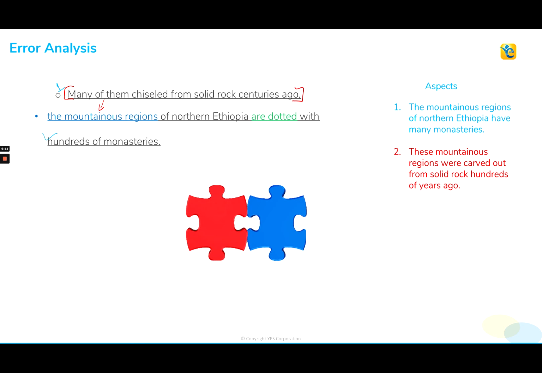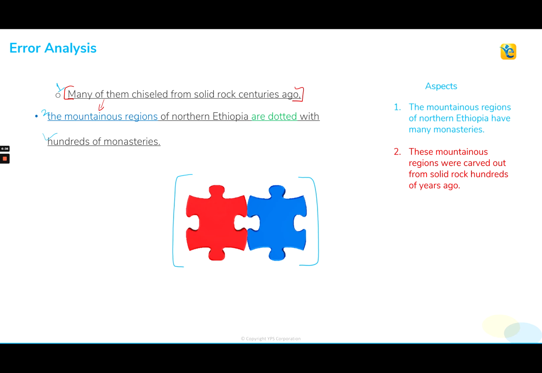This is my first entity over here and this is my second entity over here, and the way they are placed, this is the picture that I get, and it's absolutely clear that these two puzzle pieces have not been placed properly because there is no connection between them, right? There is absolutely no connection between these two.